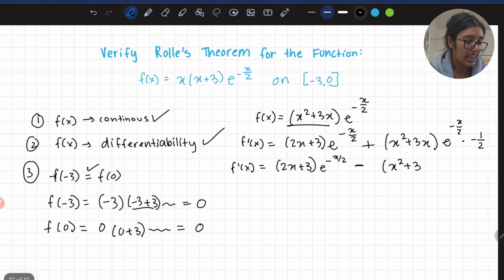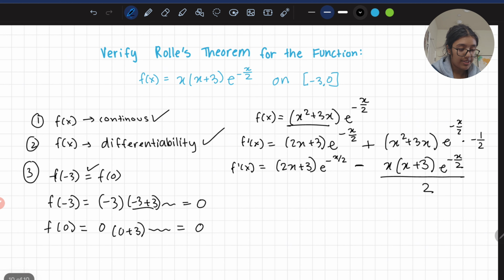Let's actually take the x out, my bad. So we're left with x plus 3 e to the power minus x over 2 over 2. And now we want to set this equal to 0.